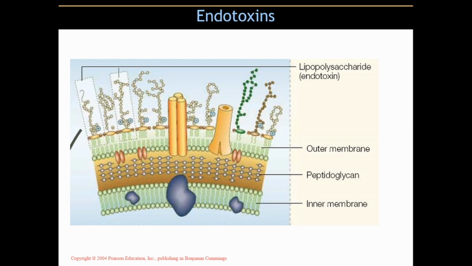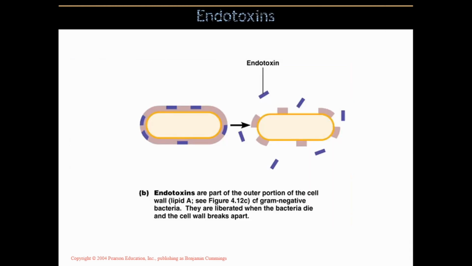This picture is showing specifically those lipopolysaccharides. They are embedded, incorporated into the outer membrane, so the cell is not just sloughing these things off randomly. They are liberated as a result of lysis of the cell. So when the cell bursts, these lipopolysaccharide endotoxins get released.